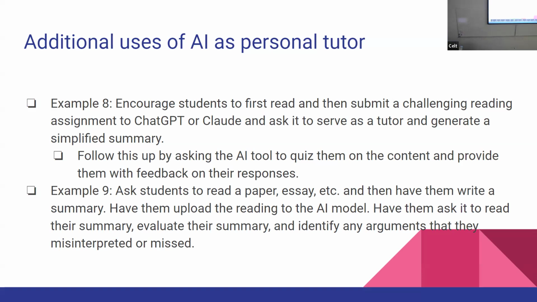A common type of suggestion is, if there's something that seems complex, to explain it in a way that would be accessible to a high school student or to a sixth grader or something similar. And it can often generate some nice summaries.